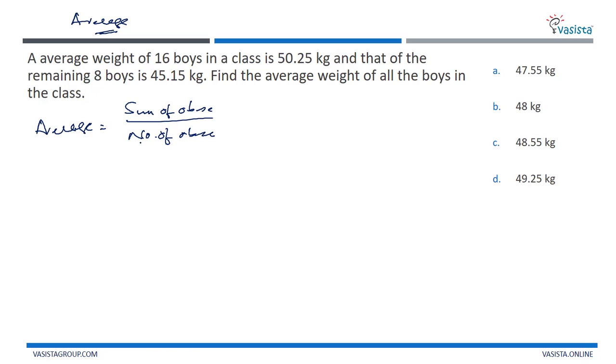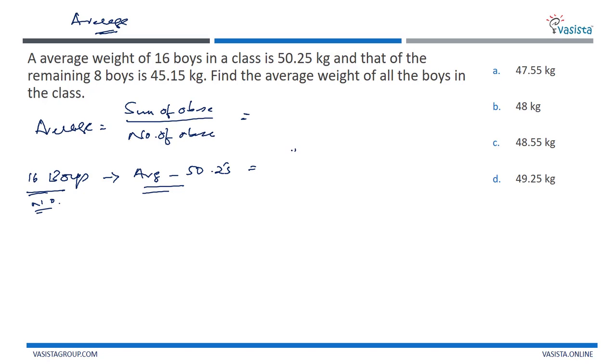Now, sum of observation we are supposed to find, because in this case they have given 16 boys, and their average weight is 50.25 kg. This is the average they have given, and this is the number of observation.